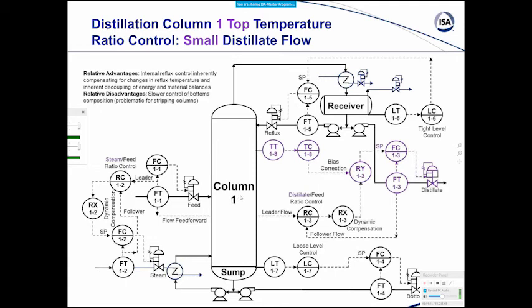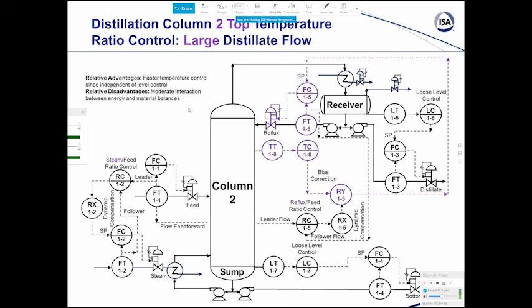Because if you get a feed change coming in here, it'll arrive at that temperature control point at a different time than when the reflux does. So you need to make the change in reflux flow arrive at the same time as the change in feed flow at the temperature control point, through dynamic compensation of feed forwards.